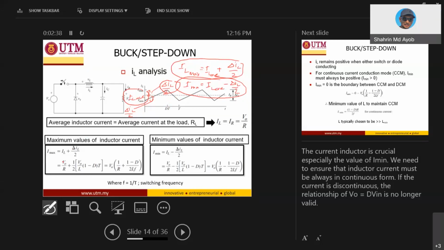You don't need to remember this one. You need to know what is I max, what is I min, and what is your IL average. It's okay, later in the example I will show you how we can solve that without memorizing the equations.